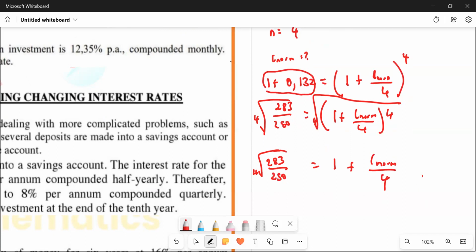Okay, we still want to get i nominal. How do we get i nominal from here? If we take the 1 to the other side, it says the fourth root of 283 over 250 minus 1 is equal to i nominal over 4, like this.